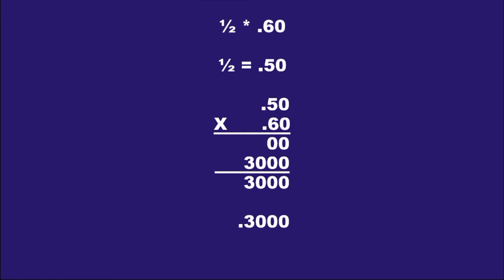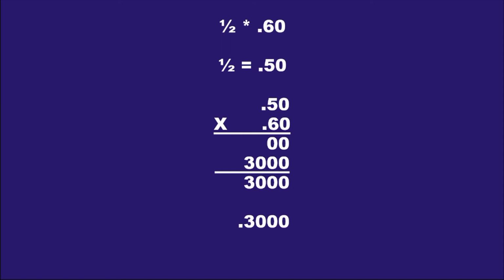So this problem will be half times 0.60. To do a fraction times decimal, you could do many ways, but here's one way. You could change the half into 0.5. So now you have 2 decimal times 2 decimal, which we already did.